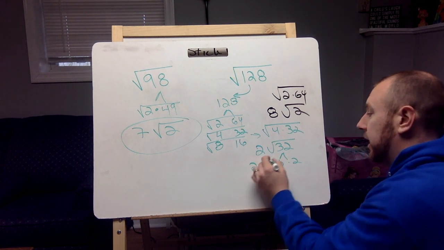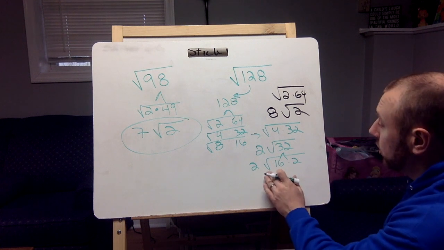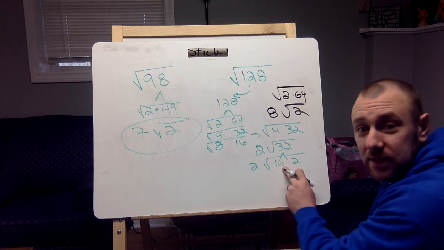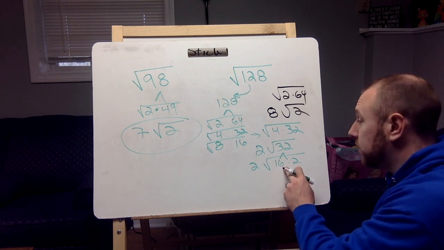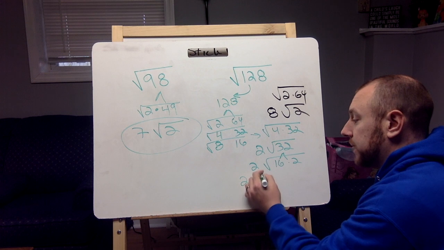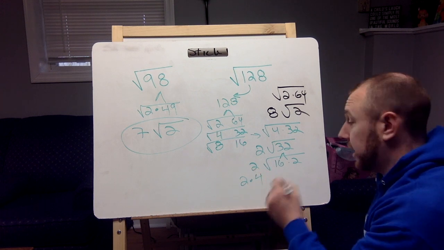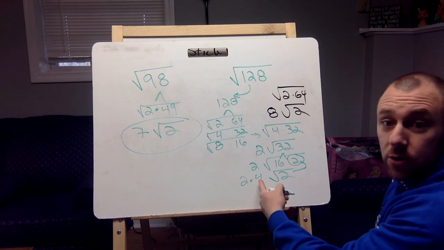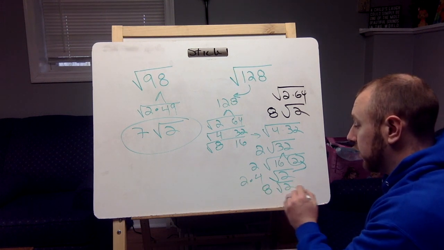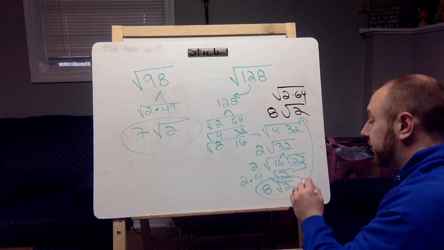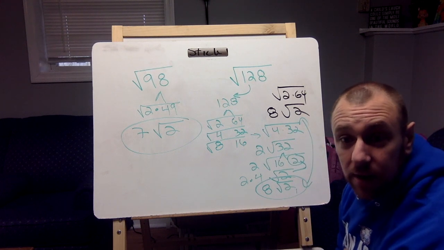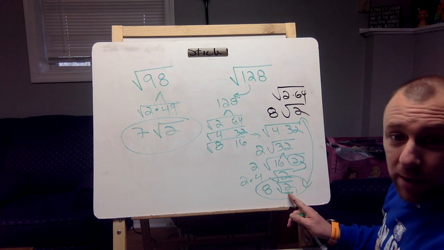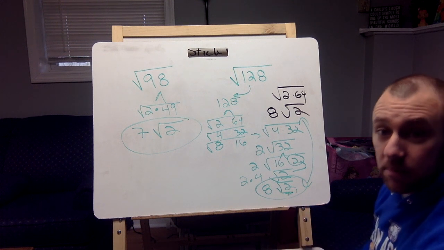So now I have 2 times the square root of 16 times 2. Well, the square root of 16 is 4. When I do that, it comes out as a multiplication with the 2 that I already took out. This 2 is going to stay inside the square root. 2 times 4, 8 square root of 2. There's two different ways that you can get your answer, but in the end, you're just trying to break it down where I cannot break this number down anymore and get some nice perfect squares.